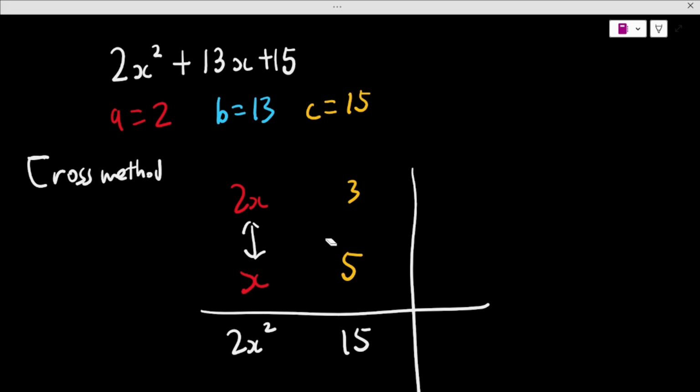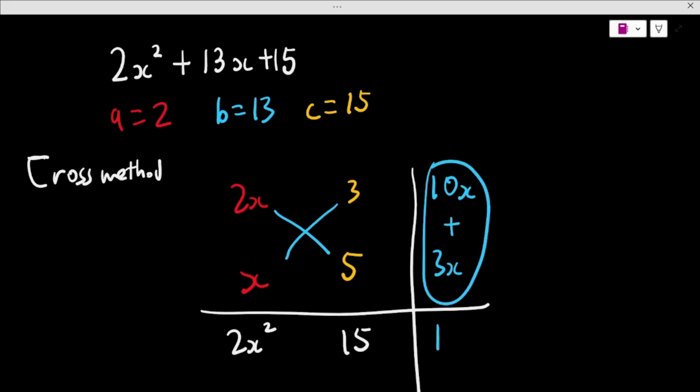So the next thing that we have to do is to crisscross. These two multiplied together, 2x and 5, give us 10x. These two, when multiplied together, give us 3x. So this whole thing, when added together, these two will give us 13x, specifically positive 13x, and also positive 15.